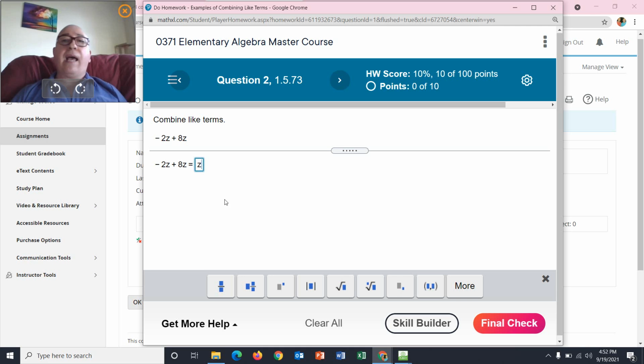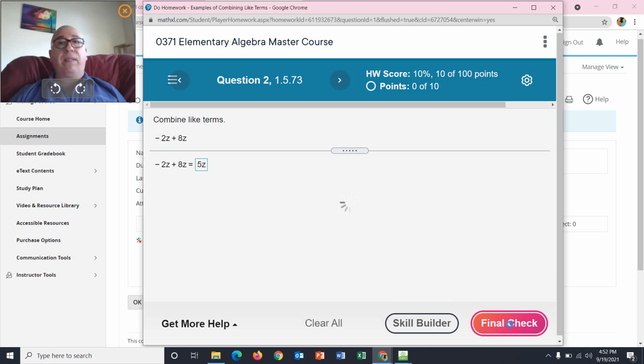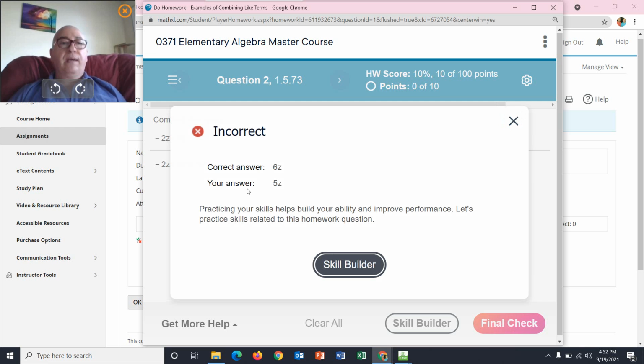Let's go ahead and put a 5z. Again, I'm punching in the wrong answer, and look what happens. It says it's incorrect. Here's the correct answer, and it gives you an opportunity to do a skill builder and try to improve your skills, or you can do this.